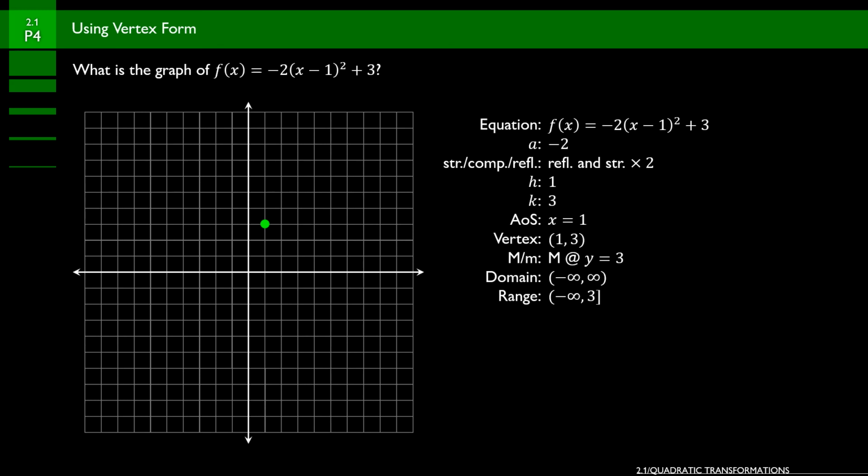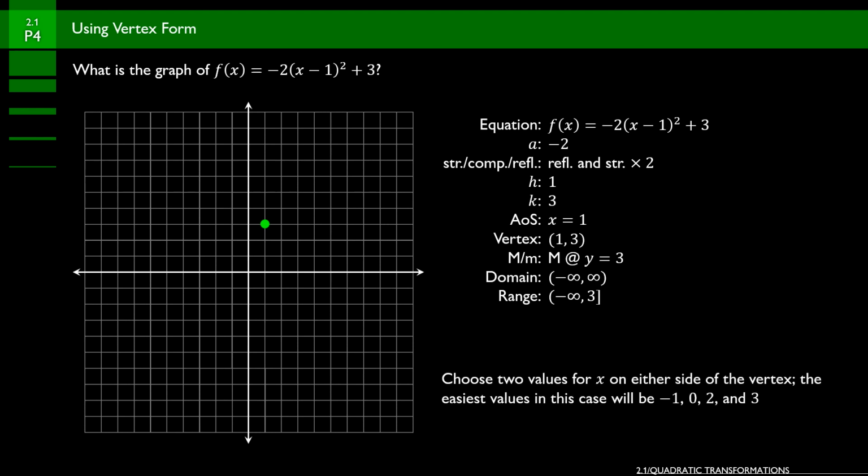up to 3. We're again going to choose two values for x on either side of the vertex, and the easiest values in this case are going to be negative 1, 0, 2, and 3. And again, the reason why we choose those is because we've got an axis of symmetry at x equals 1, so we want two values on either side of x equals 1.